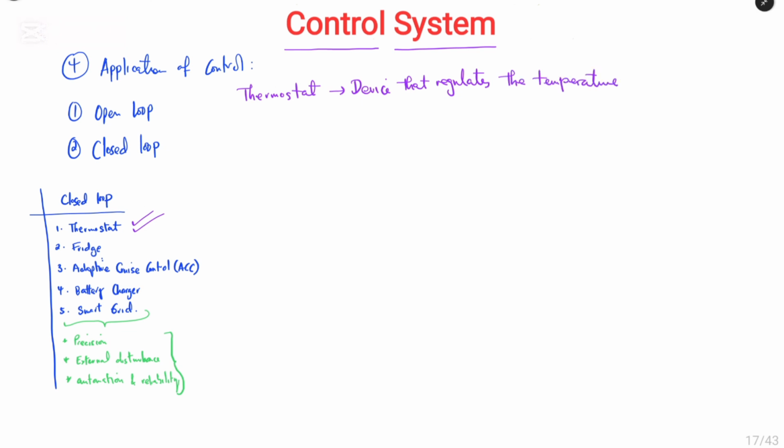When we say regulate the temperature, that means it is able to sense the temperature of a physical system and perform some kind of action or regulatory process so as to achieve temperature stability, or we can say maintain the temperature.